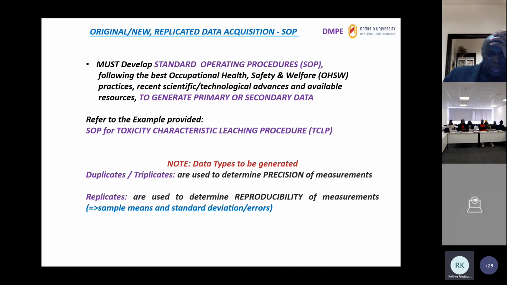And they are used to determine reproducibility of the measurements. And it is that replicate that is absolutely important so that when you present your data, you could have standard error bars, right?